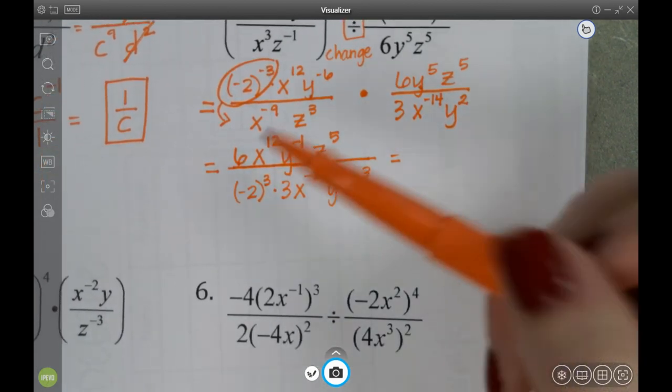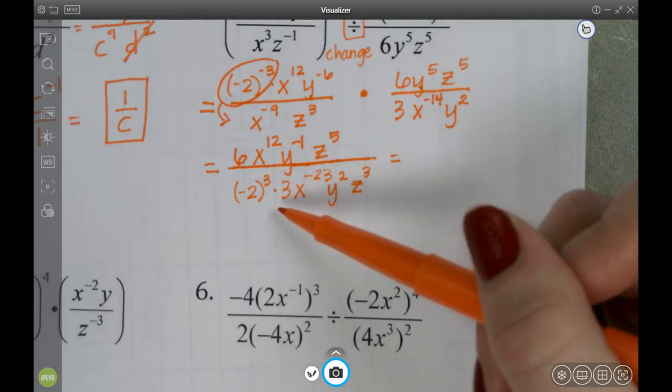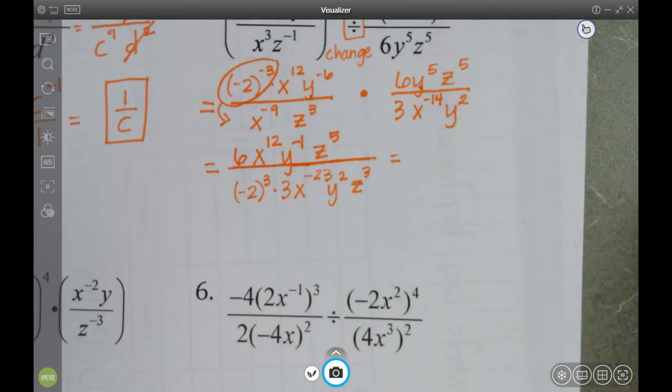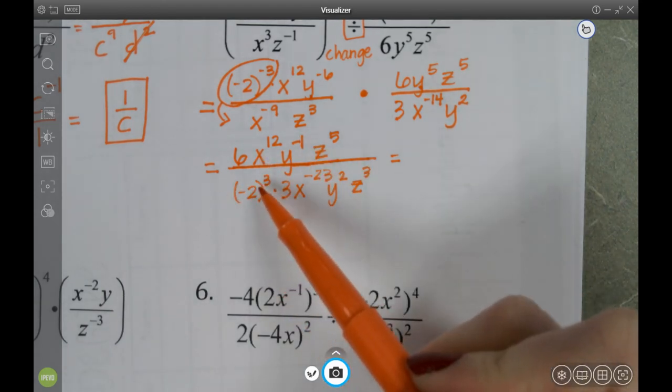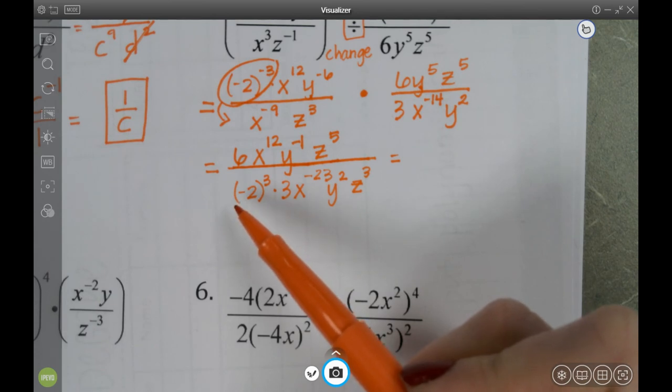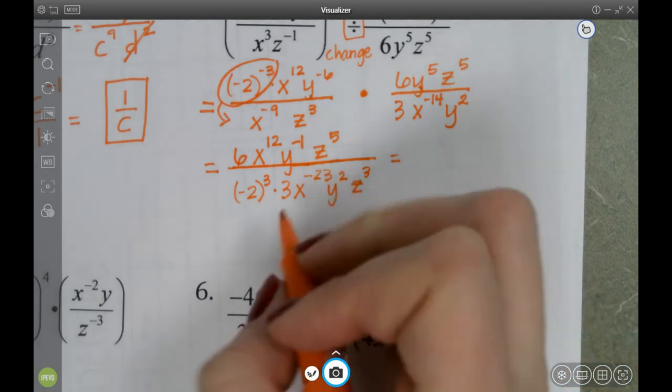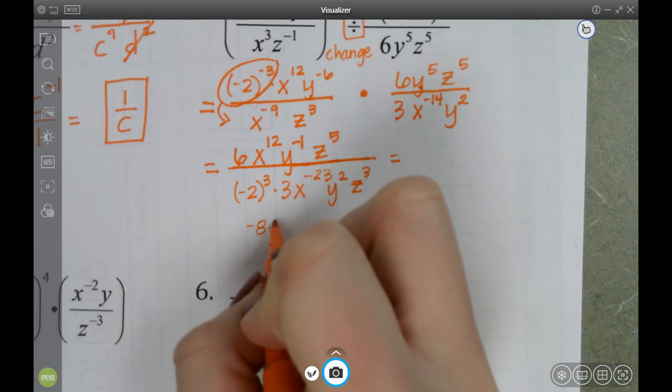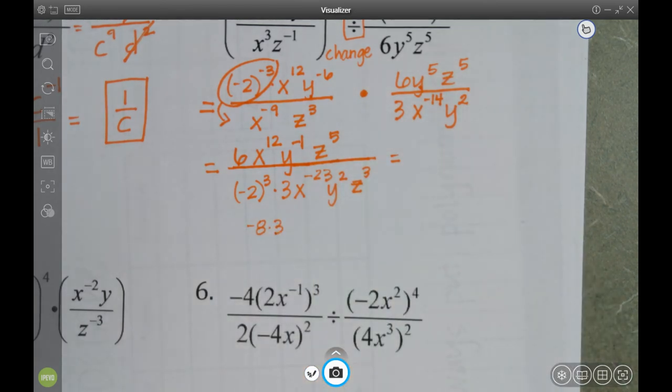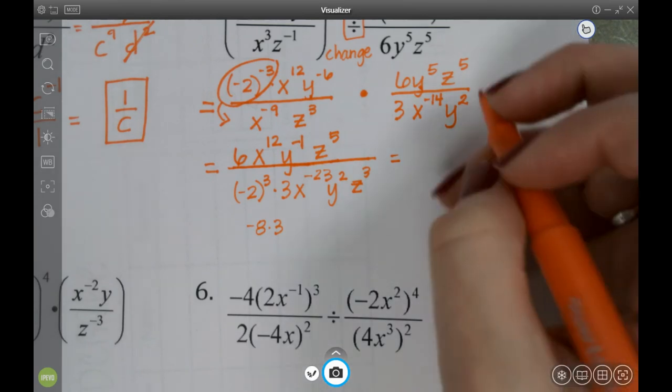Yeah, I can simplify some more in the denominator here. So right underneath this, I'm going to simplify it one more time. Okay, so I have negative 2 to the 3rd power. That's negative 2 times negative 2, which is 4, times negative 2, which is negative 8, times 3, which is what? 8 times 3? 24, so it's negative 24.